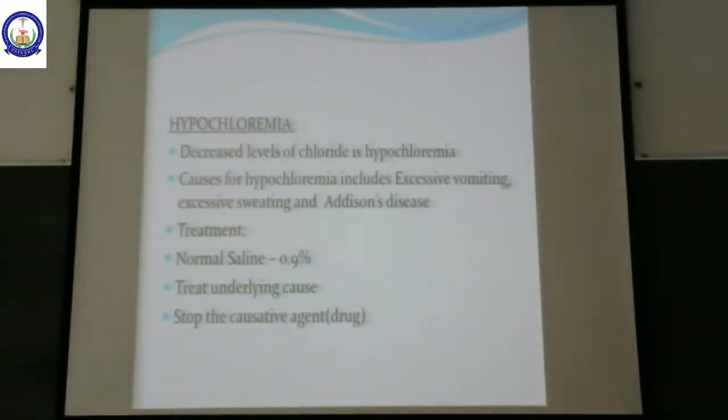Next is electrolytes. Electrolytes are very, very important elements of the body, and even minor changes in these elements can cause major issues, especially with potassium. I told you how it affects the nerves and the heart. So any values less than the normal range or more than the normal range should be immediately brought to the attention of the doctor, and you should treat the patients accordingly.